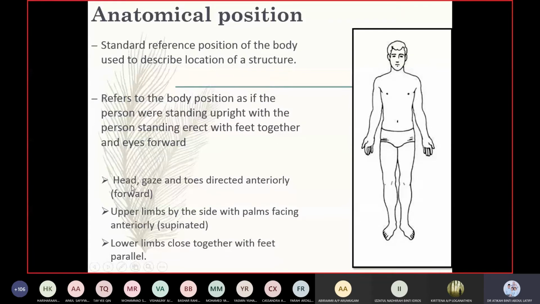Okay, so it is when the head, gaze, and toes are directed anteriorly forward. So you can see the head and toes facing forward. The upper limbs are supinated. Supinated means the palms are facing forward, and the lower limbs are closer together with the feet parallel. So this is the anatomical position.